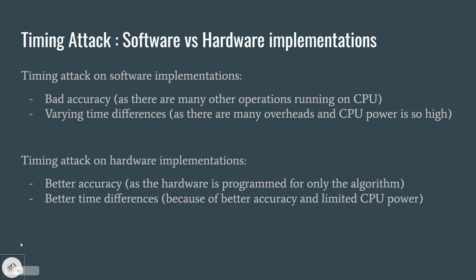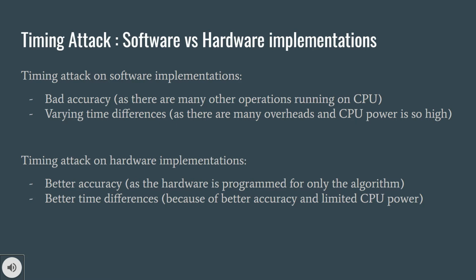Timing attack, software versus hardware implementations. Actually, it differs in software implementations and hardware implementations. In software implementations, a timing attack gives less accuracy because there are many other operations running on the CPU. Also, there are varying time differences because there are many overheads and CPU power is so high.